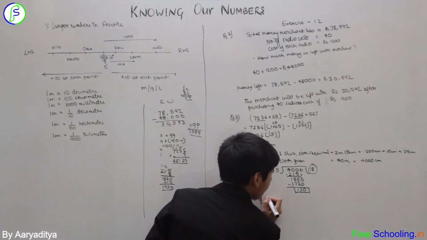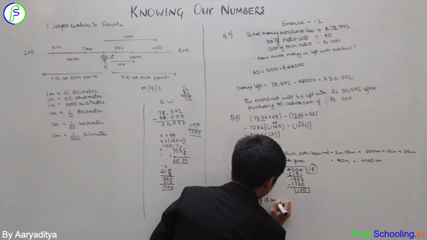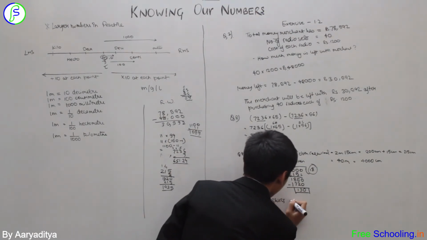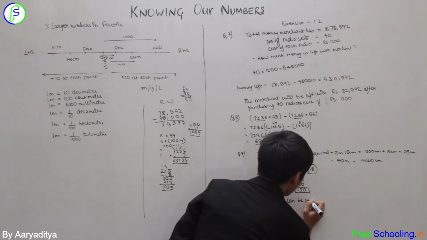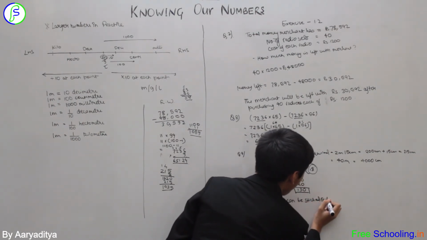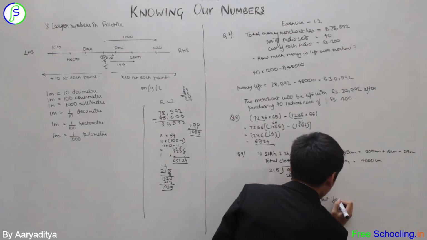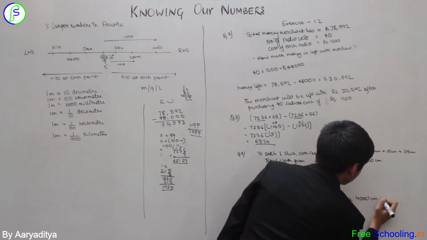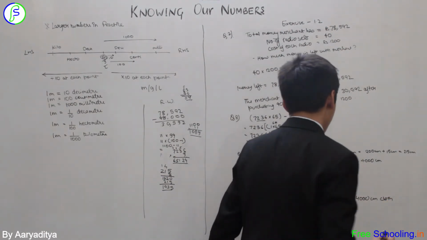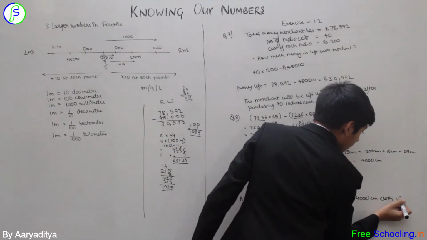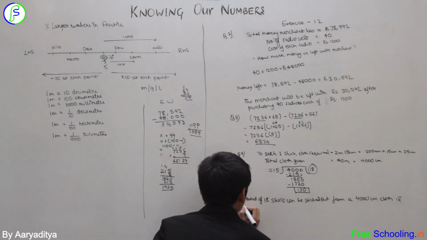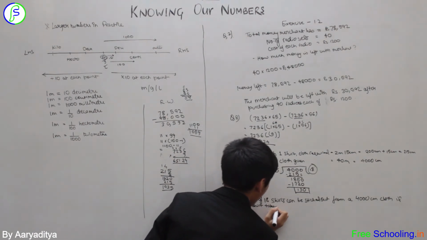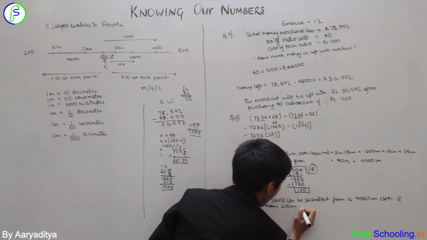A total of 18 shirts can be stitched out from a 4000 centimeter cloth if each shirt takes 215 centimeter of cloth.